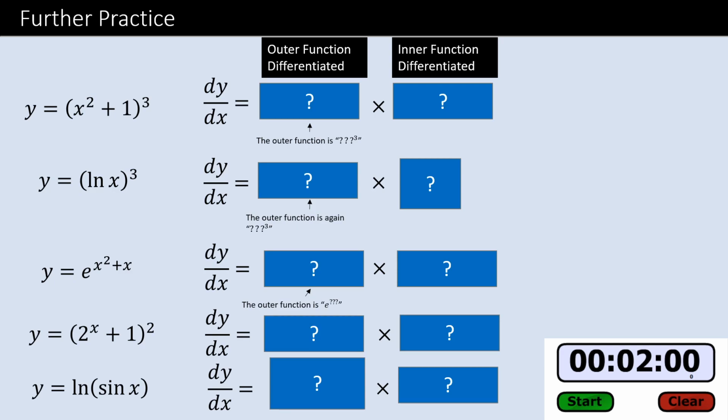The reason we're going to split it up into these two things is because these two things are what would make up the chain rule or the differentiation by substitution. So the outer function differentiated is going to be our dy by du, and the inner function differentiated is going to be like us thinking of the du by dx.